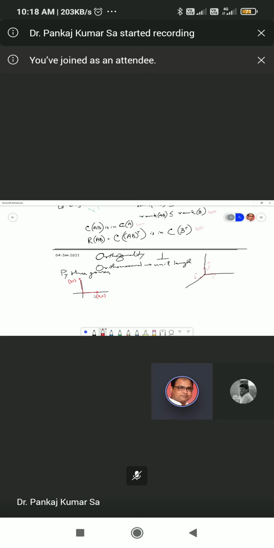Or let me draw it here itself, 3 comma 0. This is 3 comma 0. So the resultant vector would be this. What is the resultant vector? 2 comma 3.